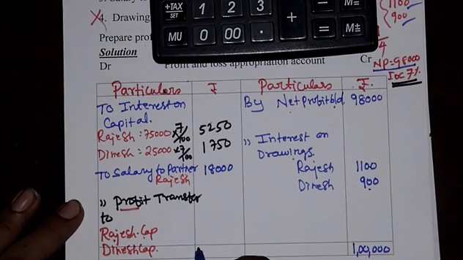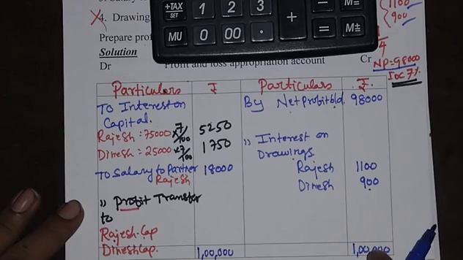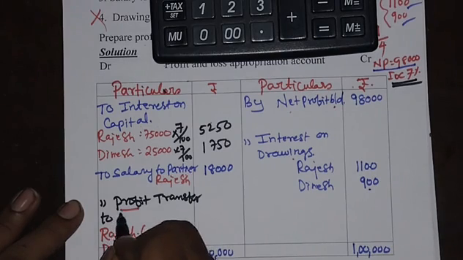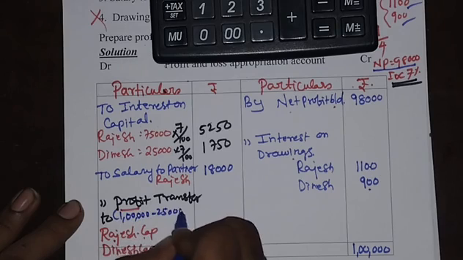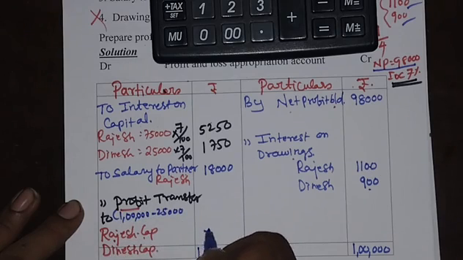So out of 1 lakh rupees, when we minus the 25,000, 1 lakh minus 25,000 equals 75,000 rupees is the profit.